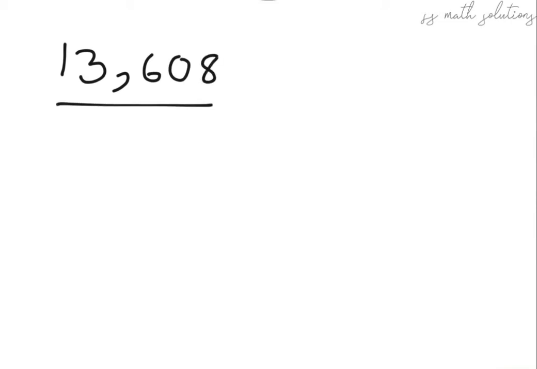I am writing here the number 13,608 divided by 58,688. This is the number we got. If you get a big number, try to divide with a big factor. Why are we using a big factor?